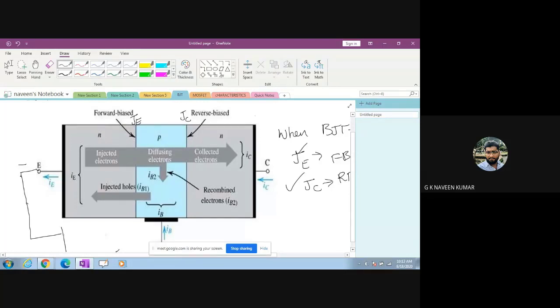So I take negative potential here, right? VEB is responsible for junction JE being forward biased. Forward bias means negative potential here and positive here.